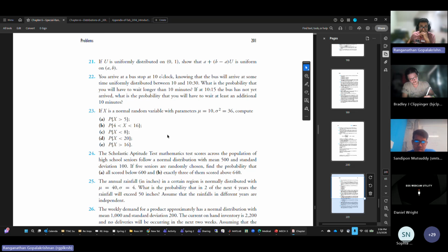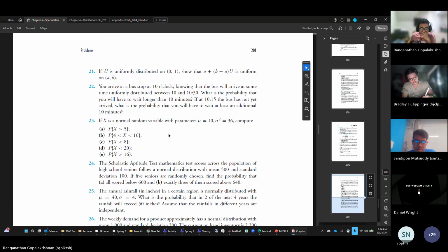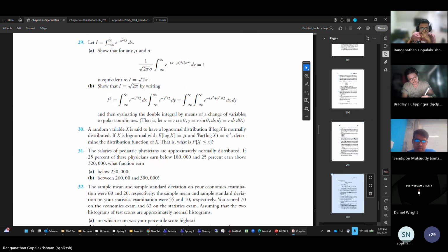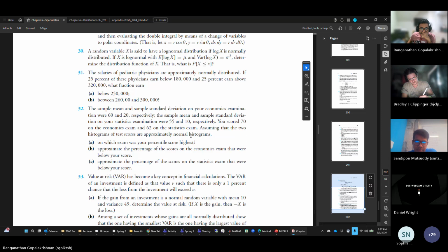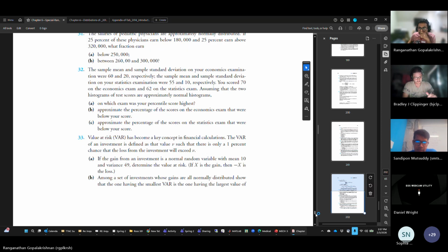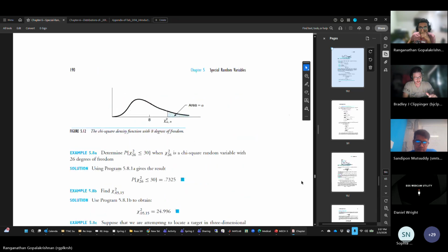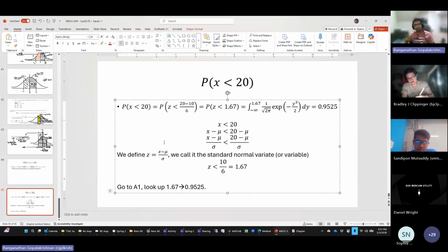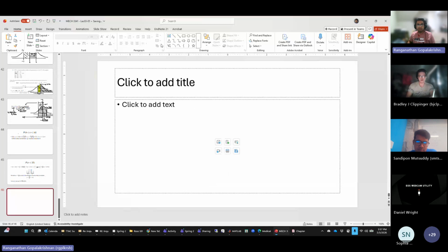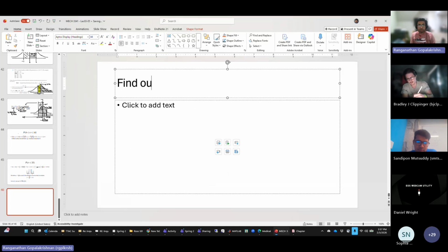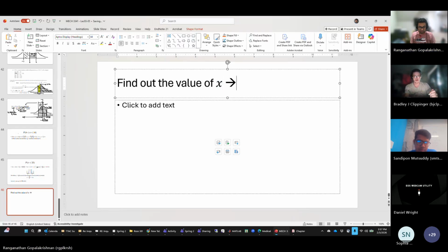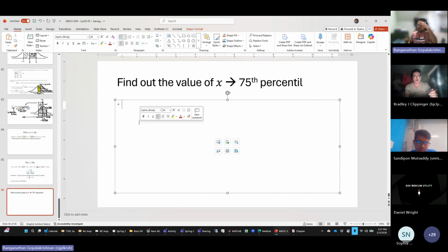Let's try something else. Instead of looking at probability, I want you to use the table to find the value of X that is the 75th percentile. That is, what value of X has a value 0.75?